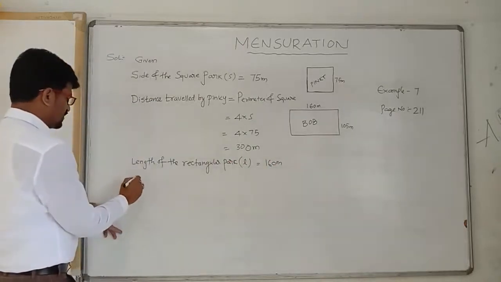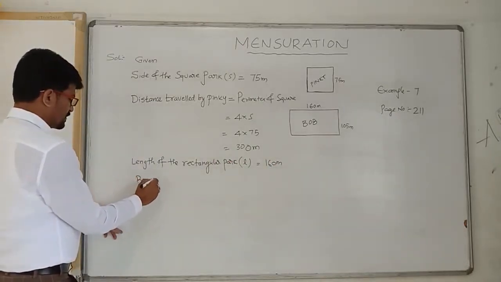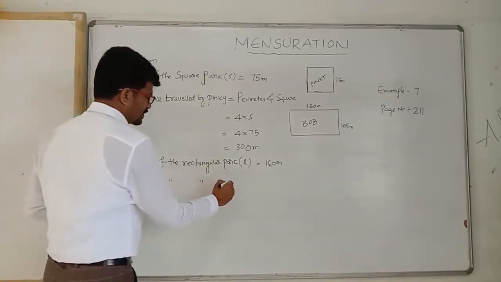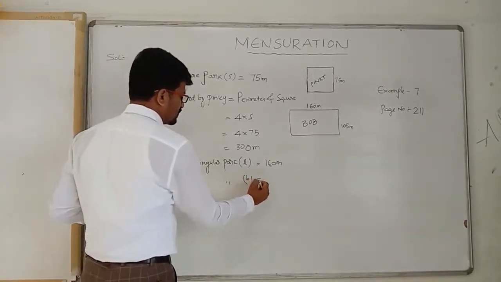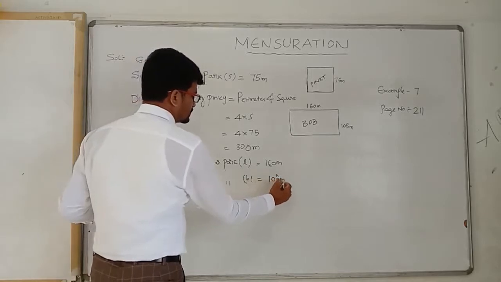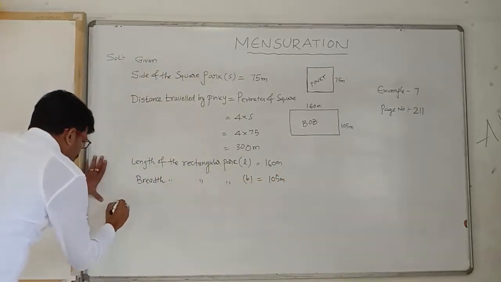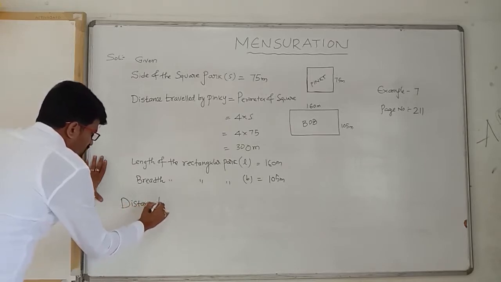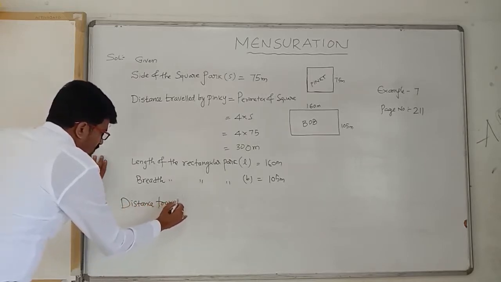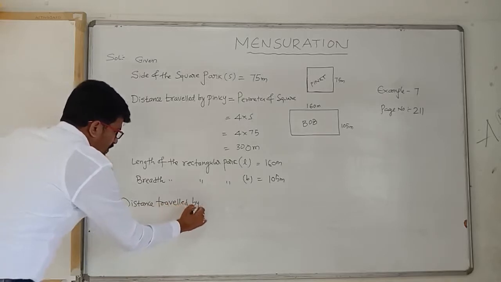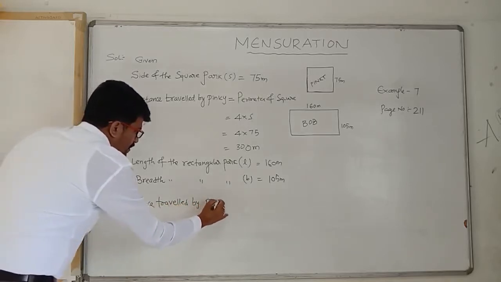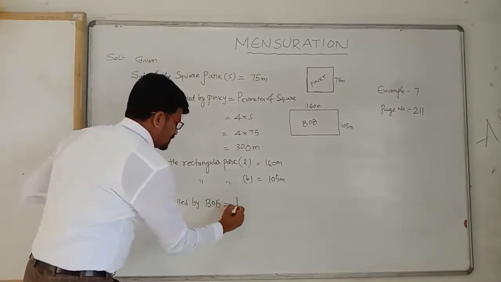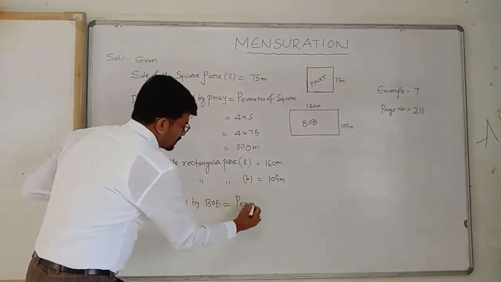Next, breadth of the rectangular park, B is equal to 105 meters. Distance travelled by Bob is equal to perimeter of rectangular park.